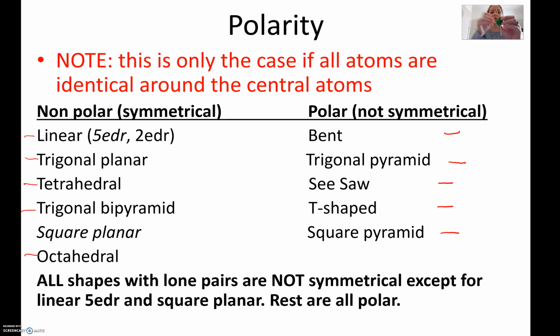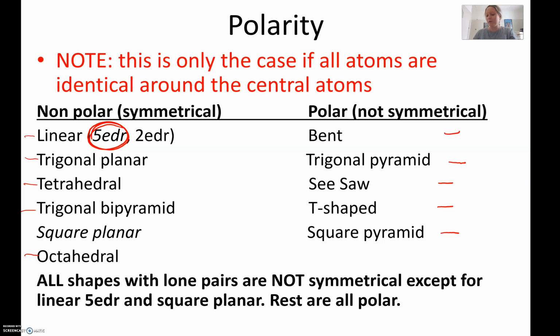If we take away the 3 in the middle plane and just have the one above and below, the axial plane, this is linear, and this is one of two times where there are lone pairs, but the shape is still symmetrical and non-polar. So that's linear with 5 electron density regions. That one's also non-polar.